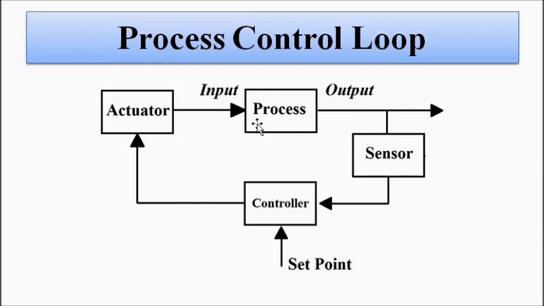Now each of these blocks is a vast field in itself. Actuators, process, sensor, controller are subjects in themselves. Microprocessors, microcontrollers, sensors and transducers, then actuators, where electrical machines or basic machines come into play.